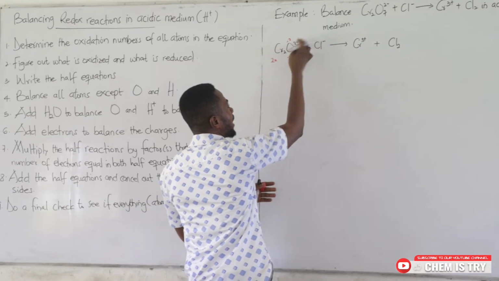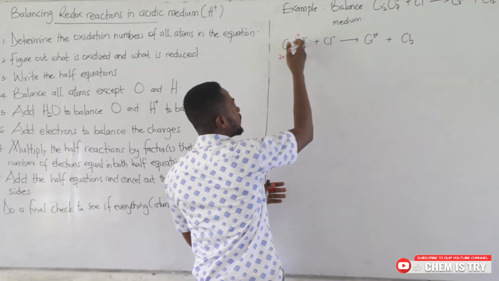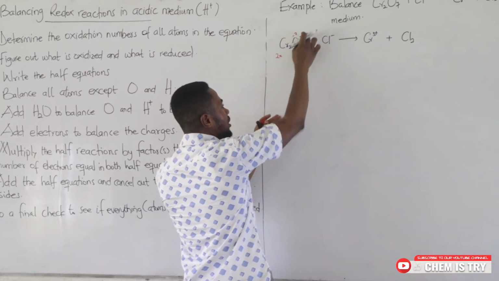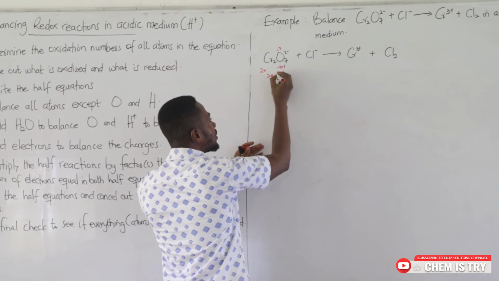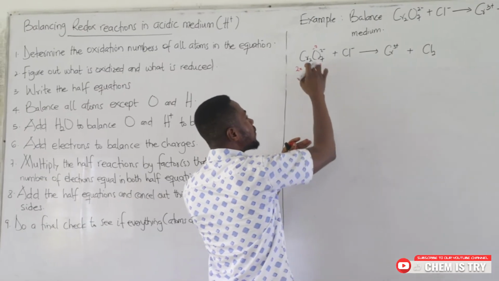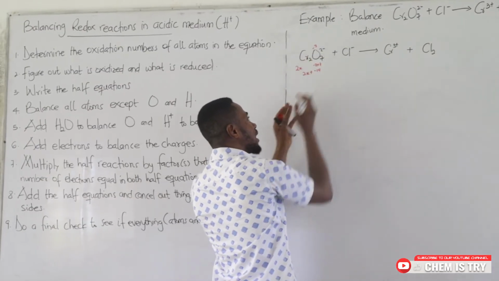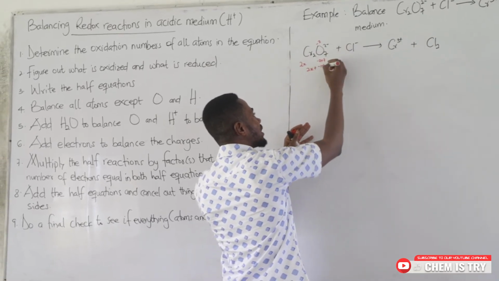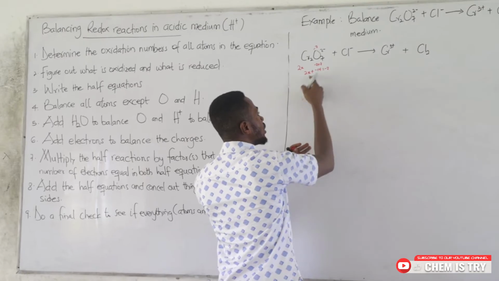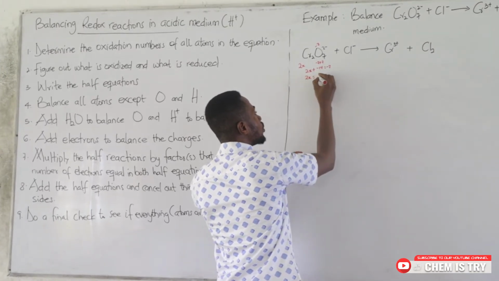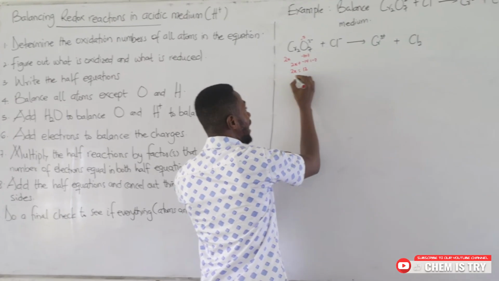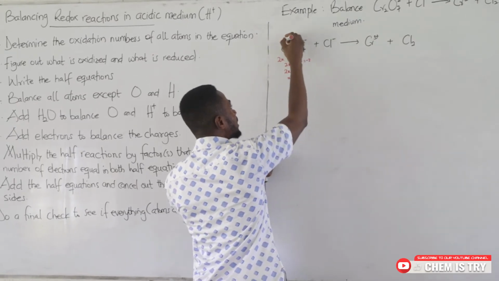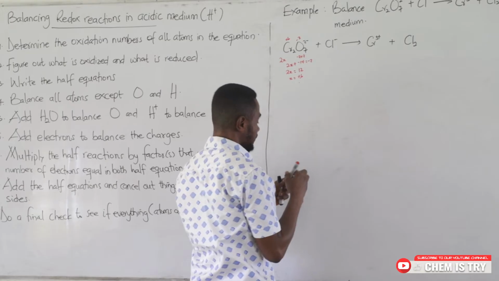Now, this is a complex ion, different atoms combined, and it is still charged. So when we add the oxidation numbers of individual atoms together, we are supposed to get the charge carried by the whole complex ion, which is -2. So this will give us 2x is equal to 12, and x will be equal to +6. So chromium has a charge of +6 over here.